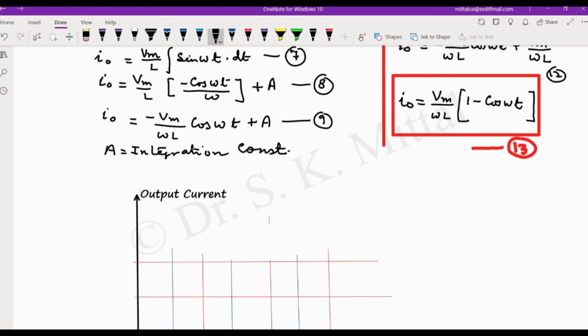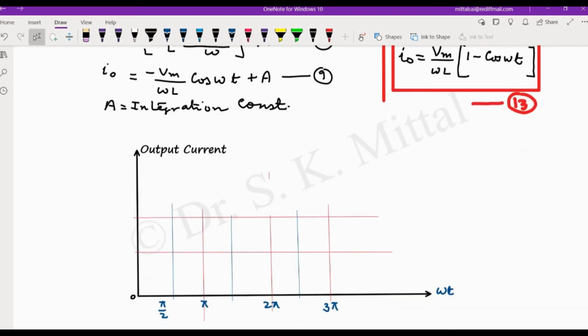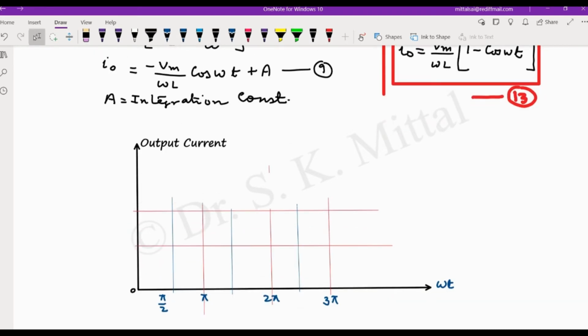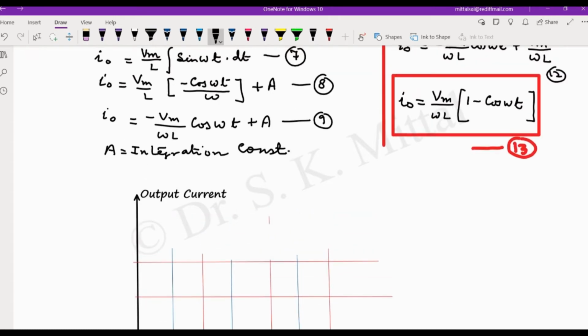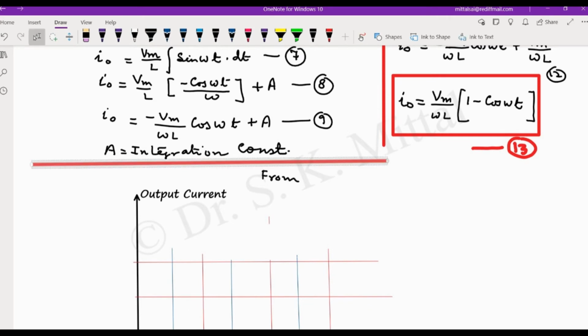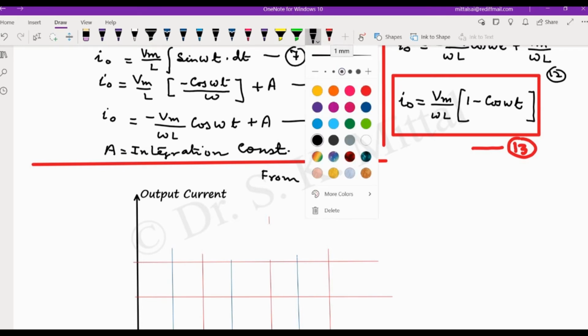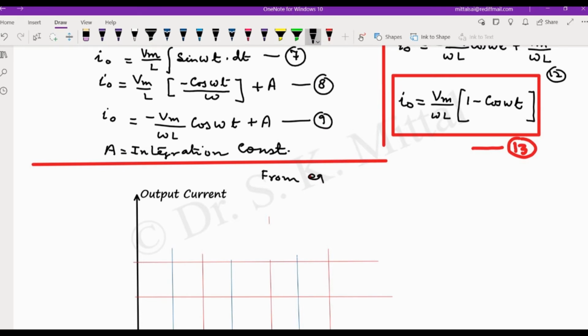First of all, since any waveform we generally start from omega t is equal to 0, first calculation from equation number 13.